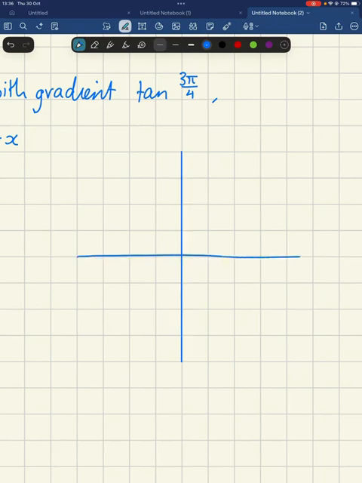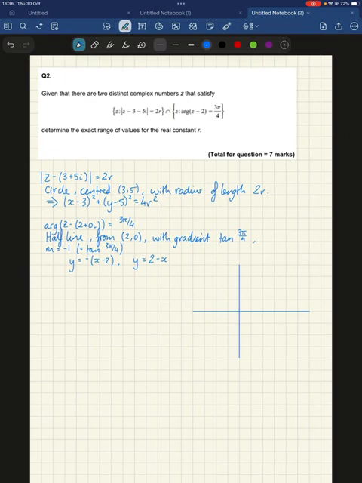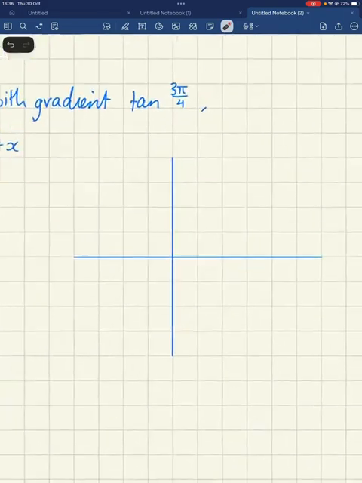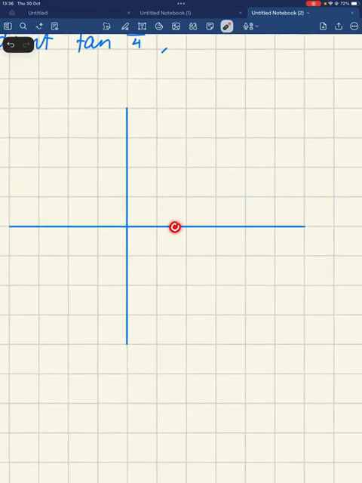So let's just draw some axes. Okay, so we have the line y equals 2 minus x, but this is a half line. This is just the equation of the line. We've got a half line from the point (2, 0). So at the point (2, 0), it will be an open dot, and it's got gradient minus 1, so it'll be something like this.